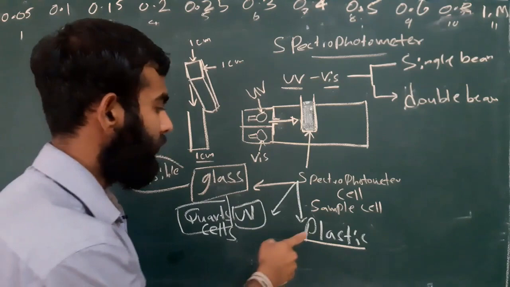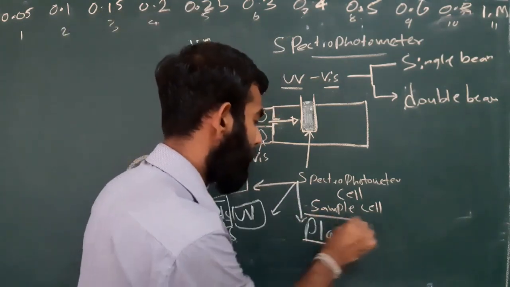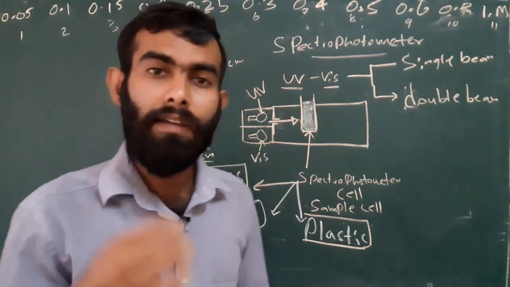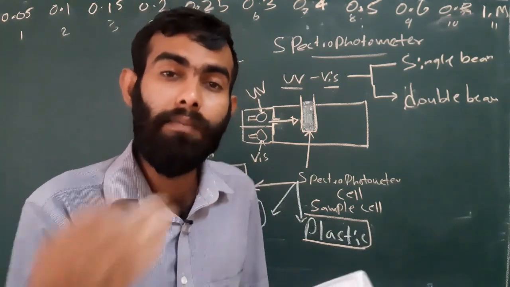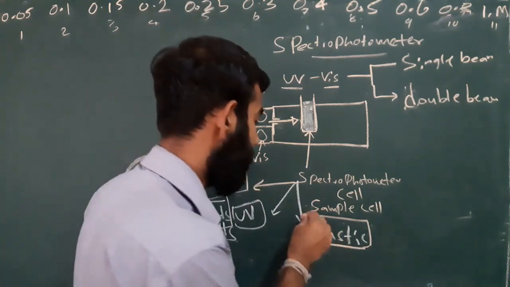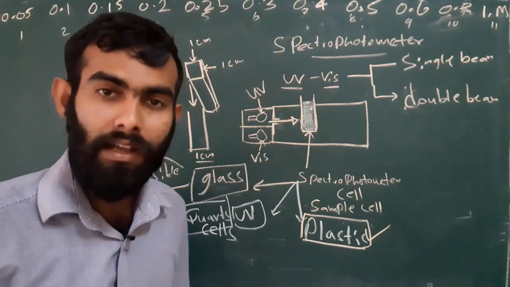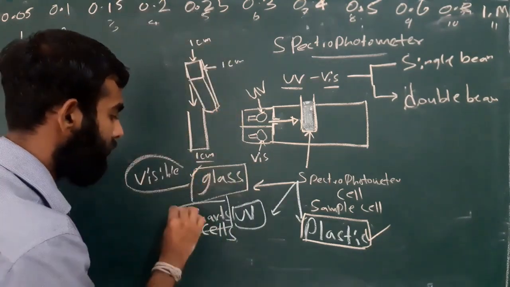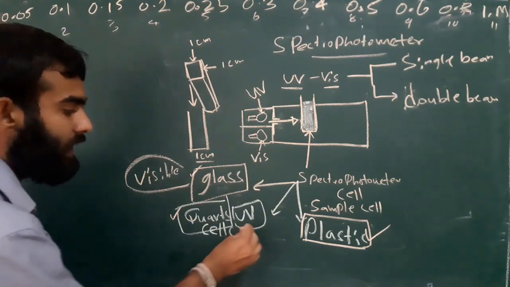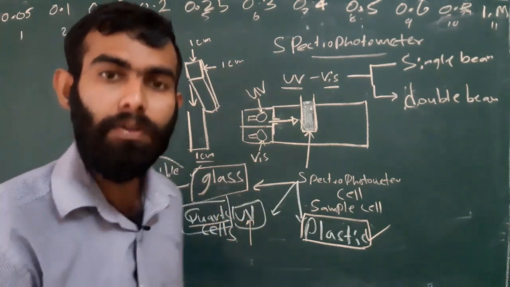However, when we are using other chemicals, organic chemicals, these plastic cells will melt. Plastic will dissolve in that particular solution, so the cell will be damaged. Because of that, we are not using plastic cells with organic solvents. So we use glass and quartz. When we are dealing with UV, we have to use quartz. Quartz will not absorb UV light.